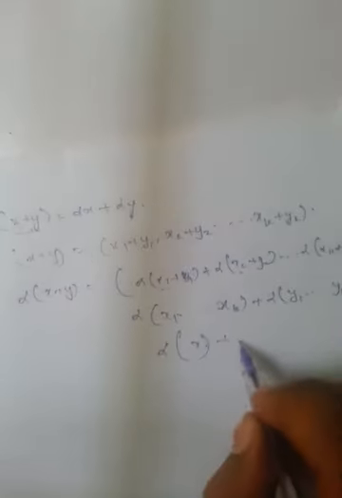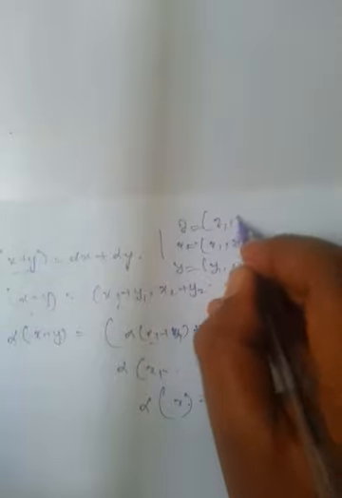We know that x equals x1, x2, and so on, xk, y equals y1, y2, and so on, yk. If we consider z, then z1, z2, and so on, zk. These are all the vectors, right?